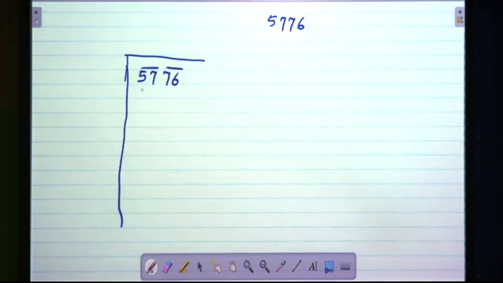Nearby square. 7 square is 49. 8 square is 64. Here you can understand 7 square is 49. 8 square is 64, which means a bigger value. So, I have to take 7 square. 7 sevens are 49.